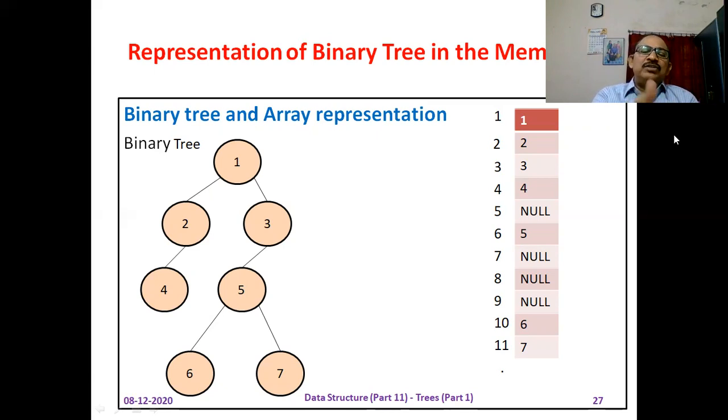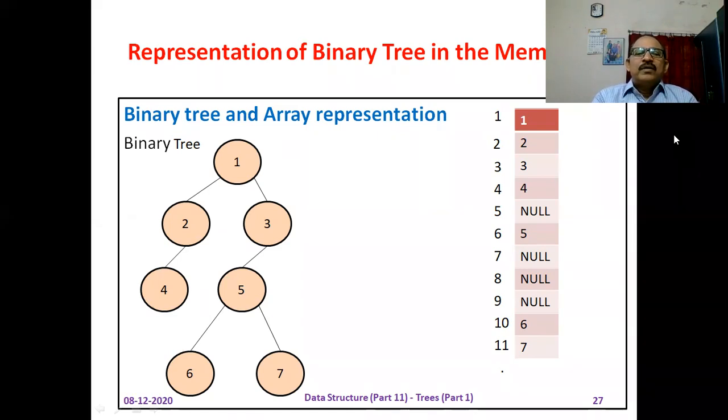And why is the height of this tree 3? What is the height of the tree? The height of a tree is equal to the length of the path to the deepest node from the root node. The deepest node here, you can see, is either node 6 or node 7, and the length of the path is 3.